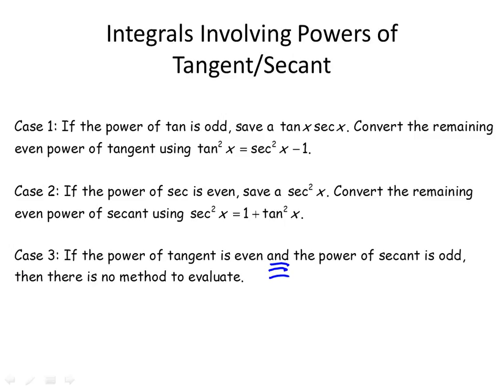Case 1: tangent is odd, and that's all that matters. If the power of tangent is odd, look at what you're going to do. You're going to save a tangent secant, and that should be obvious because if you go back to your Cal 1 or the inside front cover of your calculus book and do a little bit of forethinking, what's the derivative of secant?